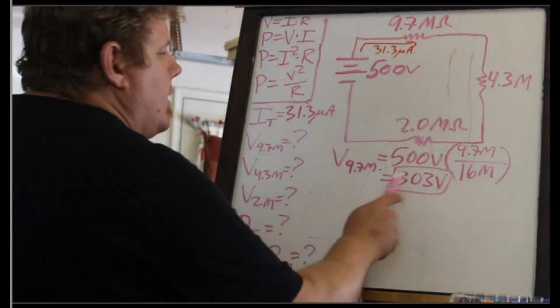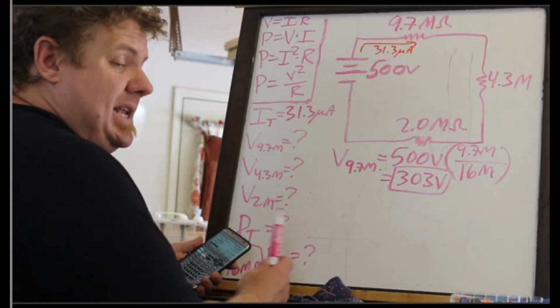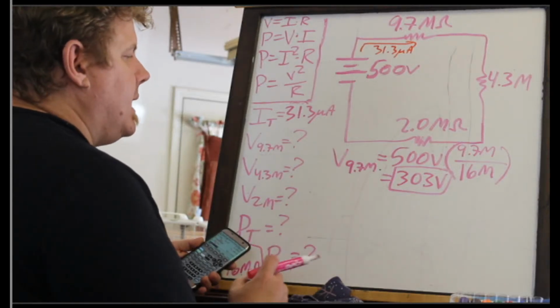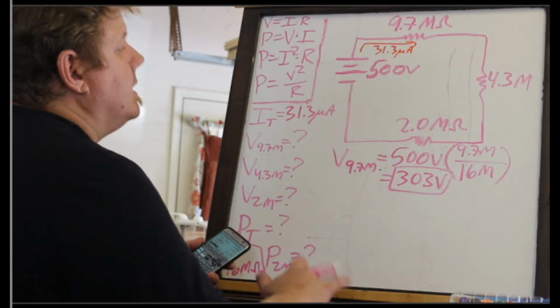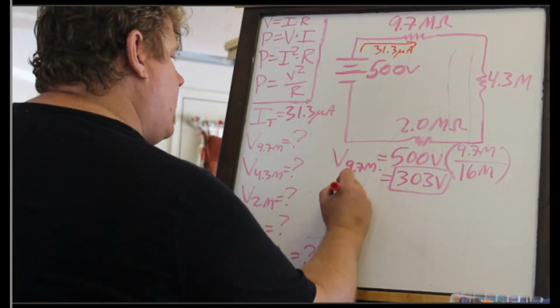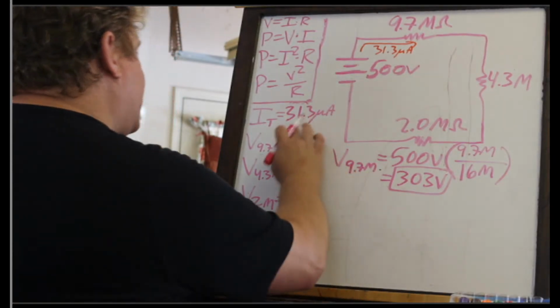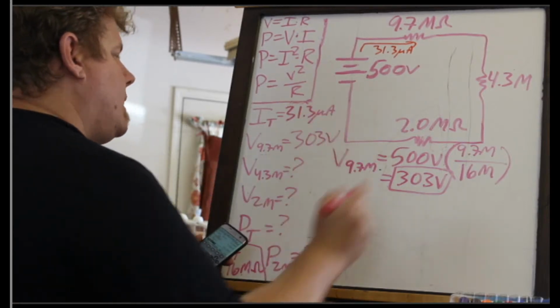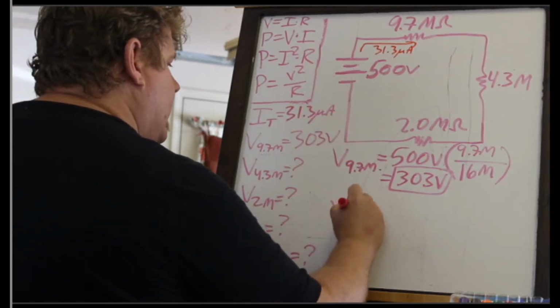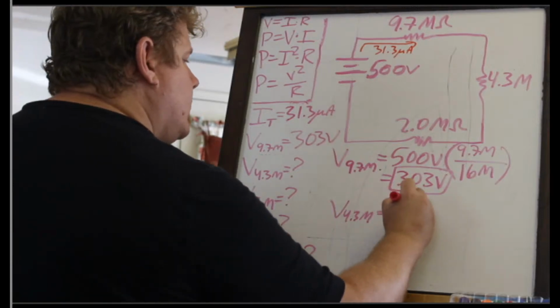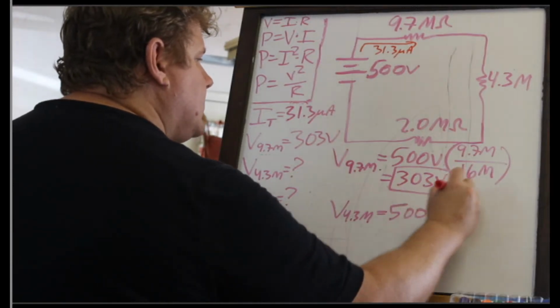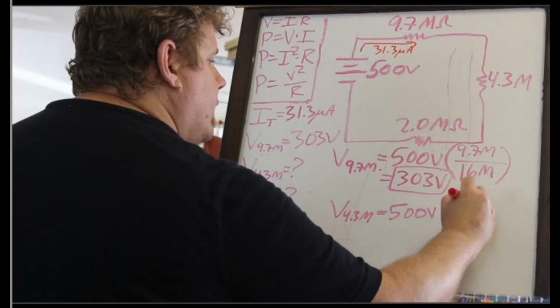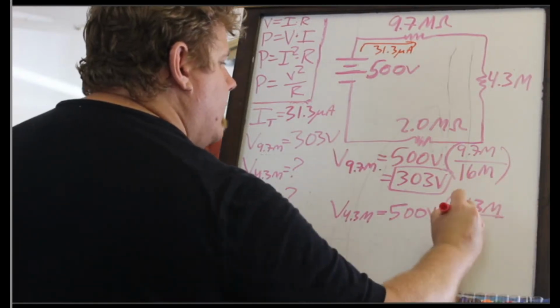Remember, if there's a zero in between and it's not a leading zero, then it's a significant digit, as far as we're concerned. Okay, so this is 303 volts. Go ahead and do the voltage on the 4.3 meg. So we've got 500 volts times 4.3 meg over 16.